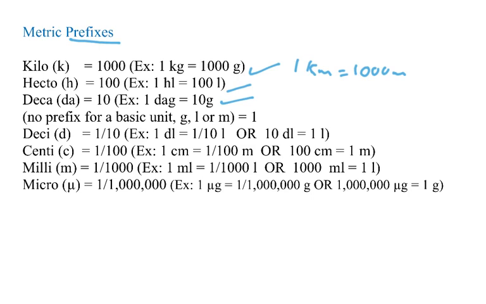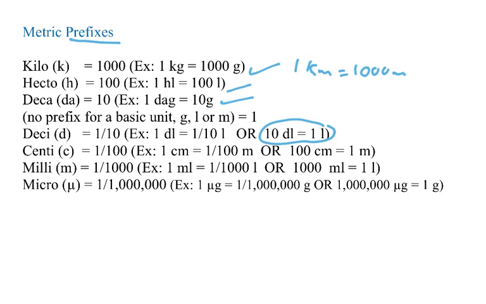Deci is beginning to look at fractions, so smaller values. A deci is 1/10, so 1 deciliter is 1/10 of a liter. And actually what might be an easier way for many purposes to relate to this is rather than thinking about a deciliter being 1/10 of a liter, think of 10 deciliters as 1 liter. And that's just eliminating the fraction to make something a little bit easier to work with.